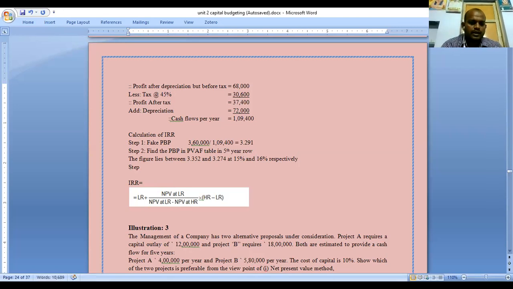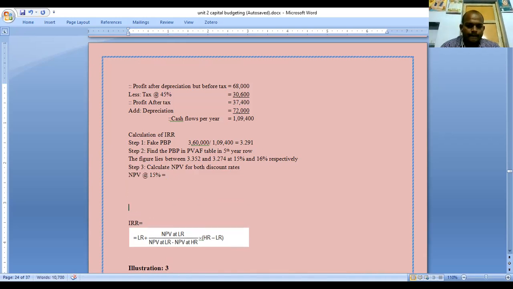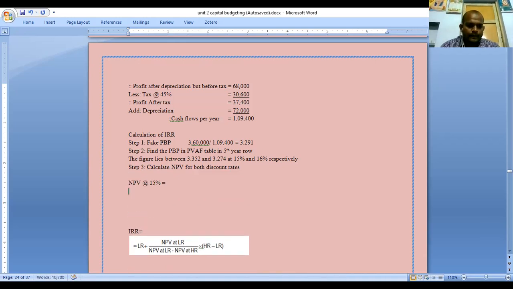So, step 3, calculate NPV for both discount rates. So, NPV at the rate of 15% and NPV at the rate of 16%.